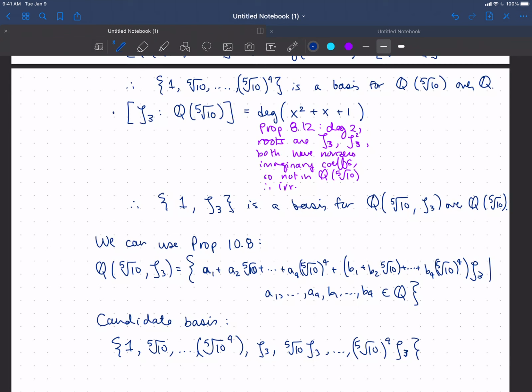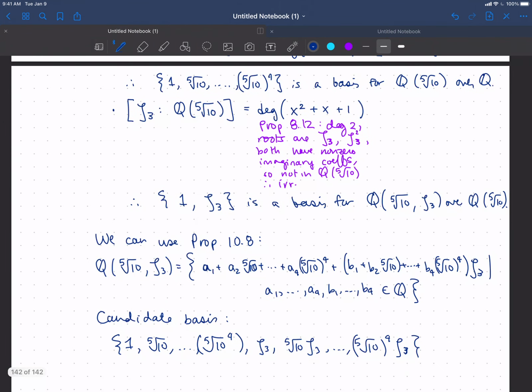And I do a proof similar to what I would have done before to prove proposition 12.4 to show that this is, in fact, a basis. We know it's a spanning set because we yoinked it straight from proposition 10.5, which tells us these things span when our coefficients come from Q. And then we do a linear dependence argument.